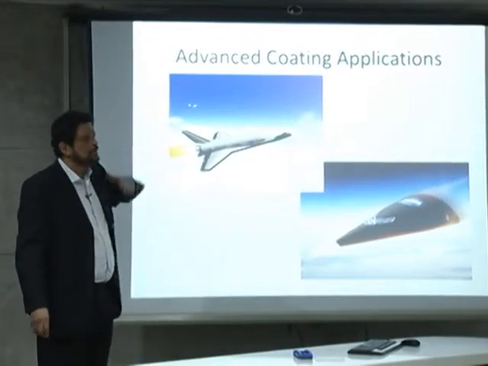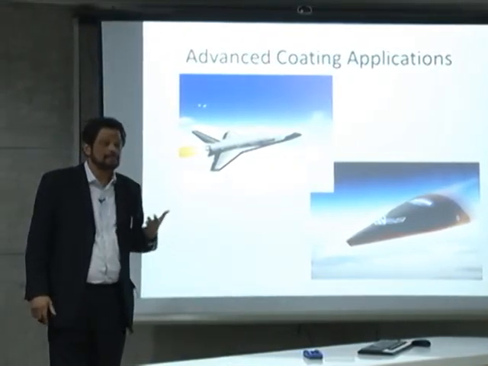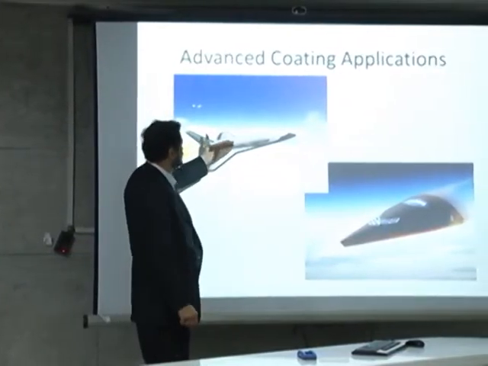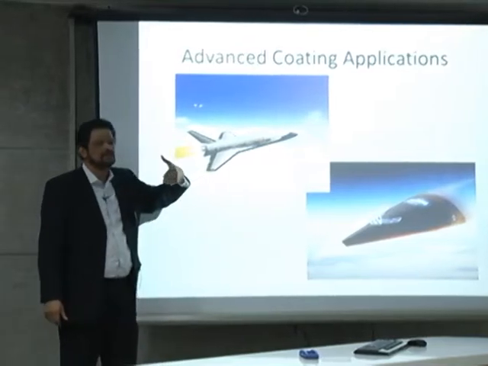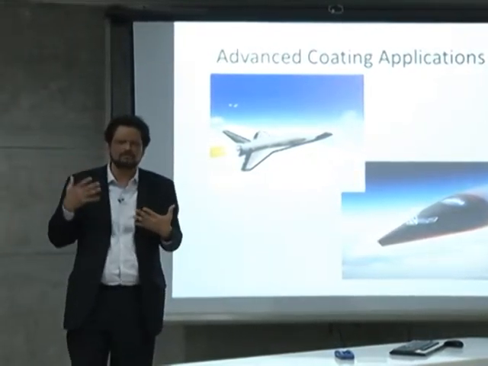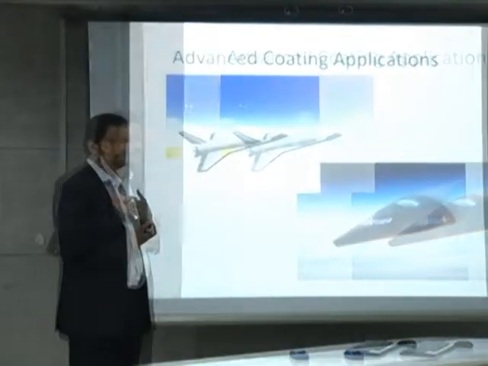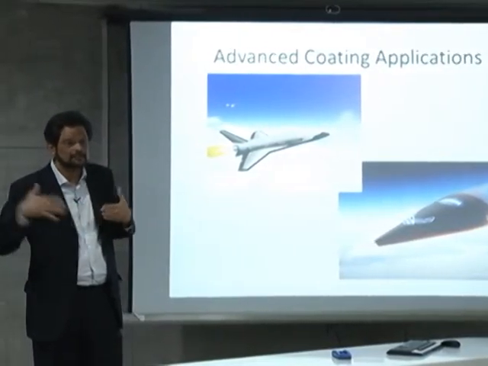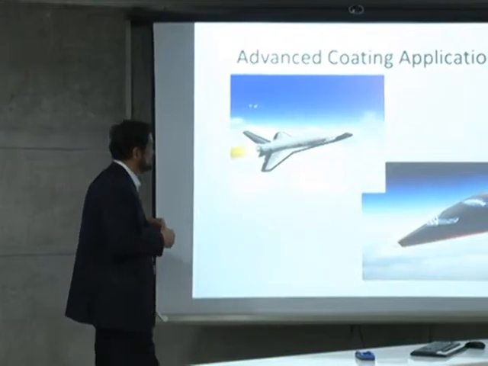But there can be very high-tech applications of coating. And to mention one, if you're looking at hypersonic vehicles, hypersonic means they're at very high speed. The speed is many times the speed of sound that the vehicles go in.